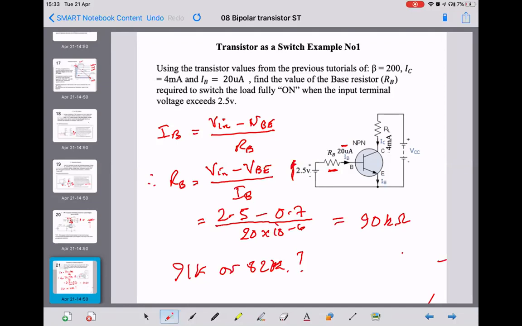So we'd use 82K for those reasons, because then you're going to guarantee you have slightly more than 20 microamps flowing, and therefore you're definitely going to be in the saturation zone when you turn the transistor on.